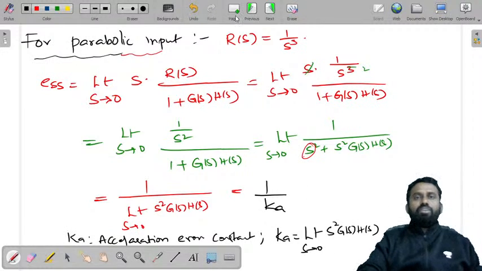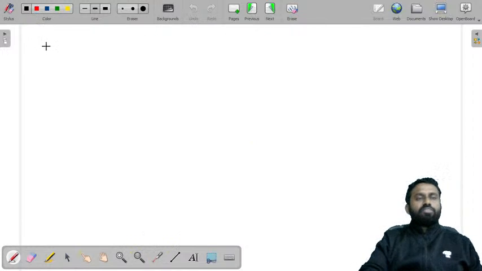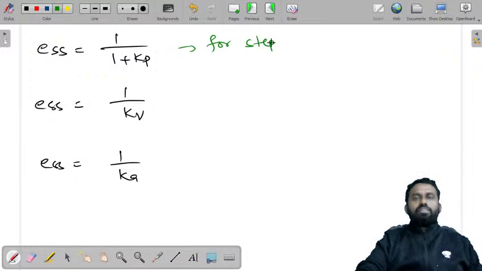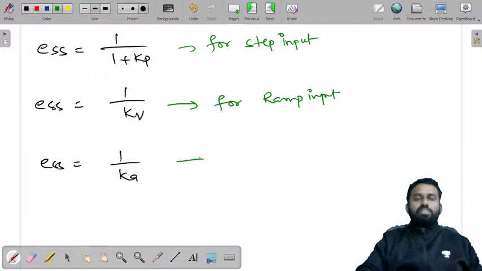So finally we got ess is equal to 1 by 1 plus kp, ess is equal to 1 by kv, ess is equal to 1 by ka. This is for unit step input, this is for unit ramp input, and this is for unit parabolic input, right?